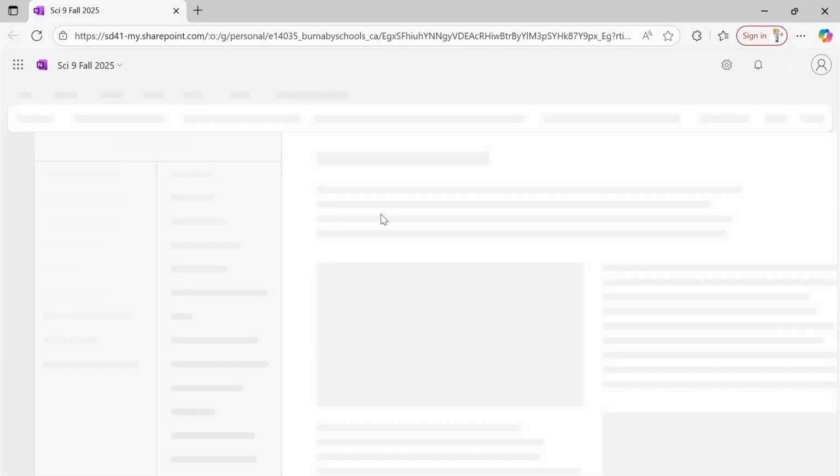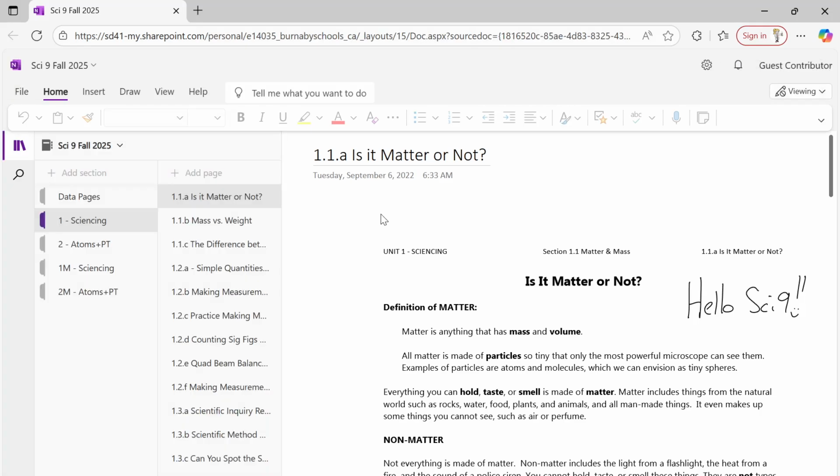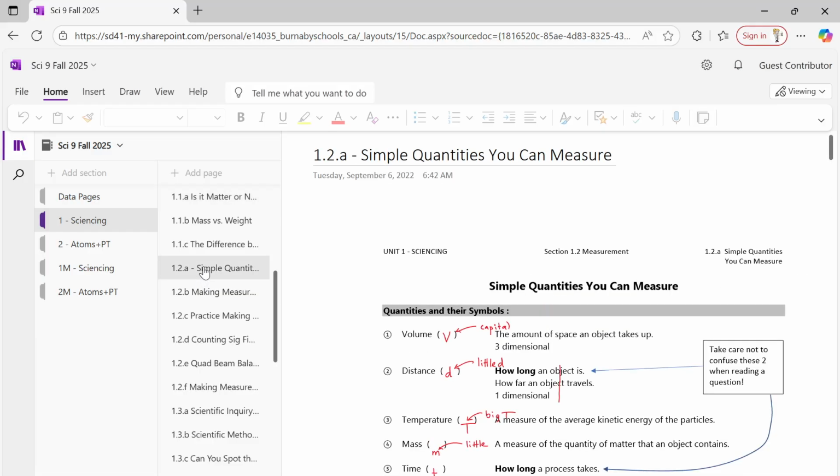If you click on here, this takes a minute to load up. You can see that we filled in 1.2a. So this has all the filled in notes. You can see everything that we've written is in here. And if you don't want all this stuff at the side, there's a little picture of a bookcase.